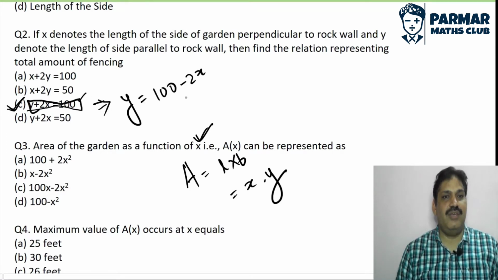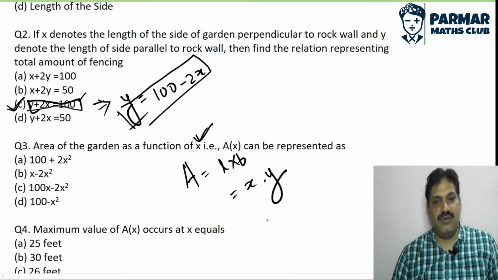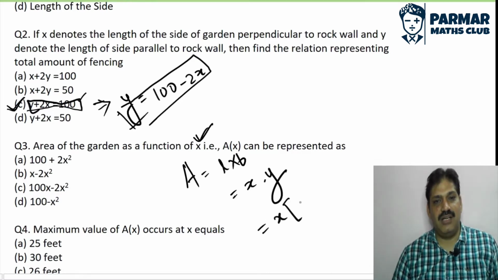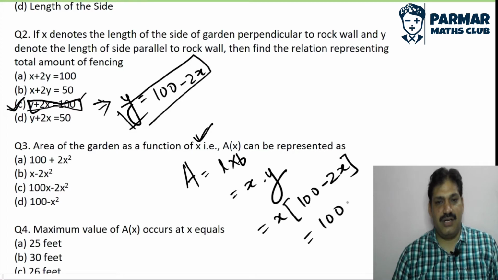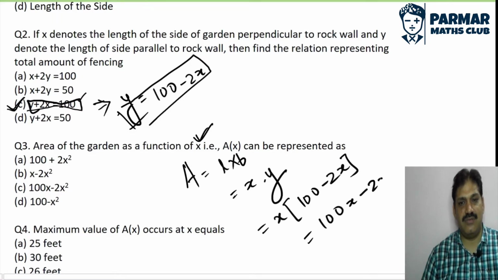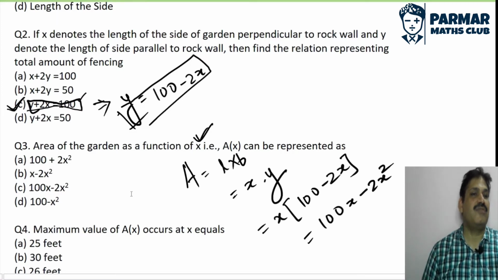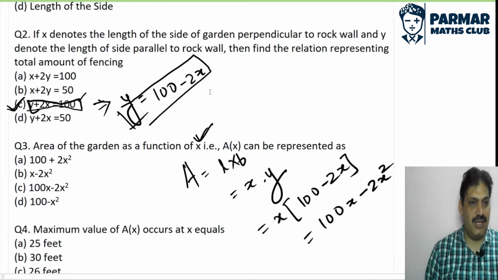So this gives me x multiplied by 100 minus 2x. That is nothing but 100x minus 2x square. So 100x minus 2x square, that is not the first one, not the second one. Yes, the third one, the C part, is the answer.